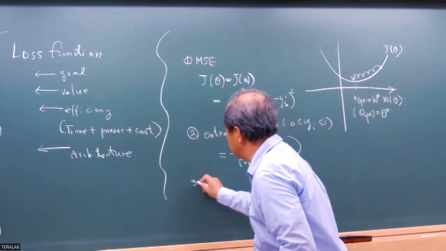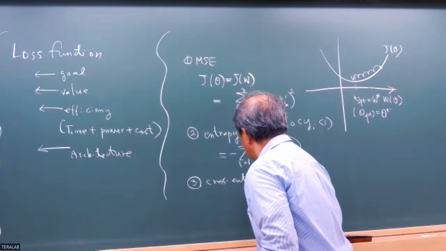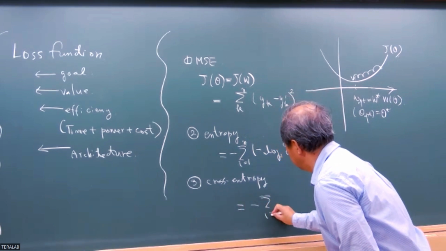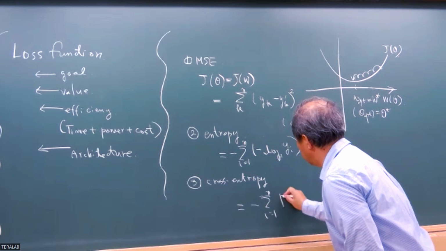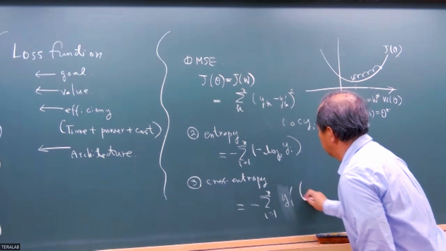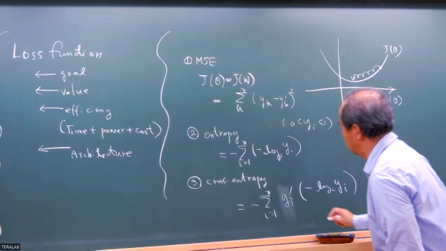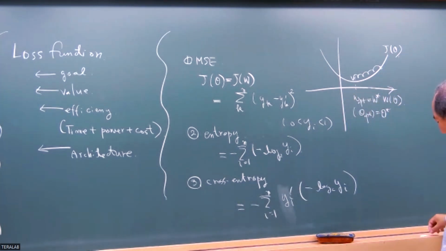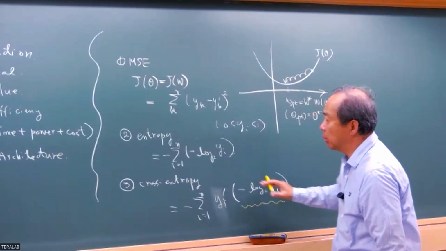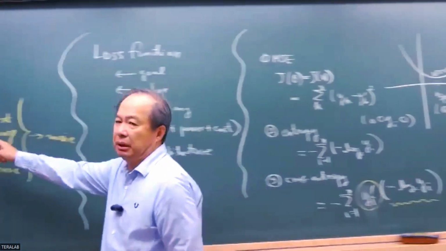So the third one is, I would say, cross entropy. Sometimes this is used. The information of the output, in bits, is multiplied by the real data probability.